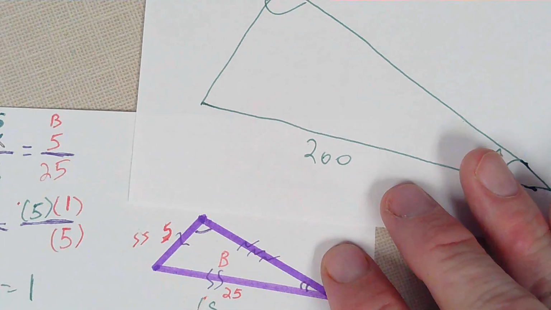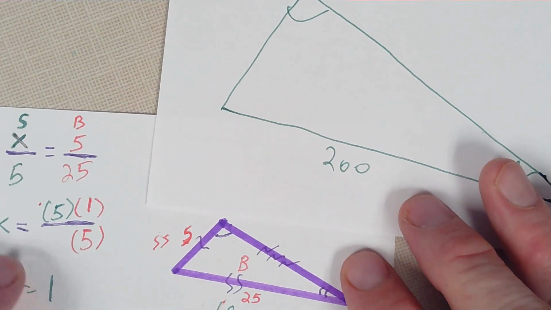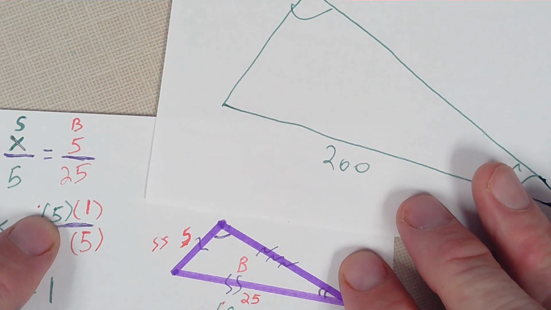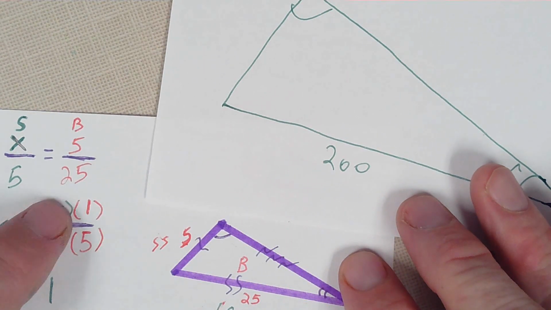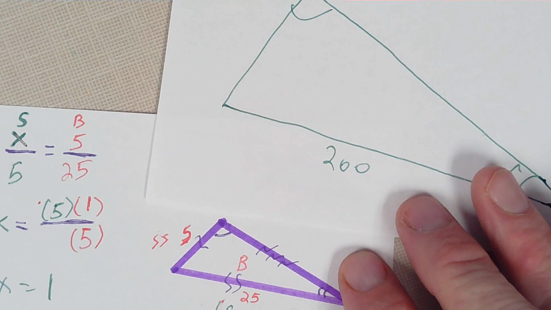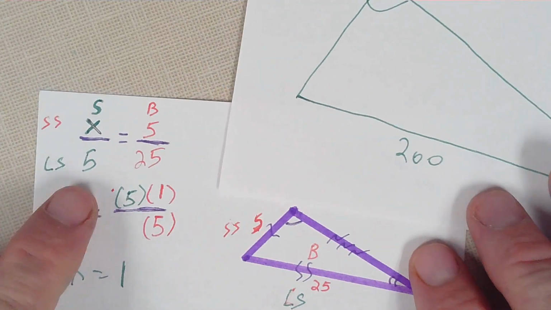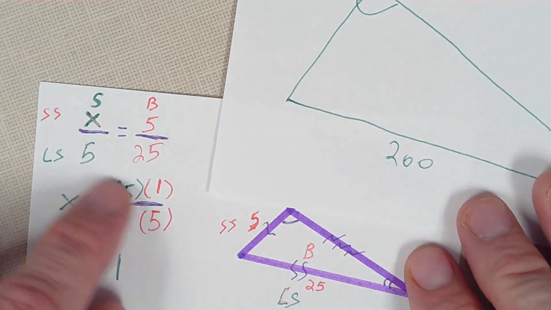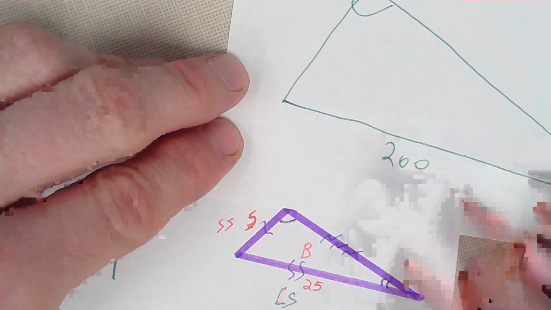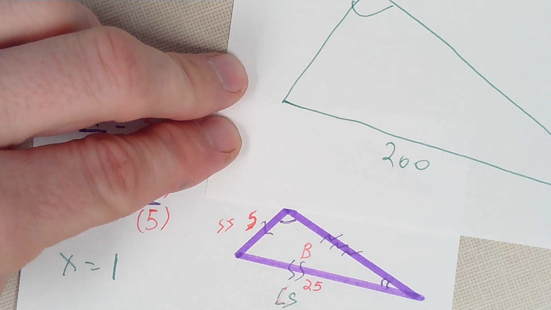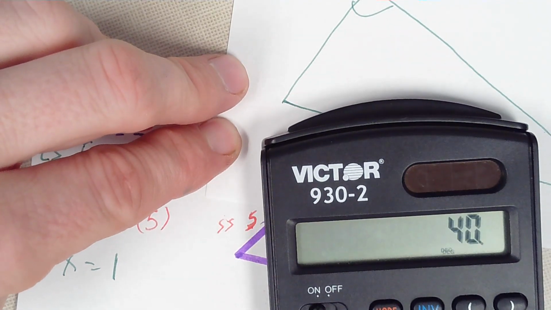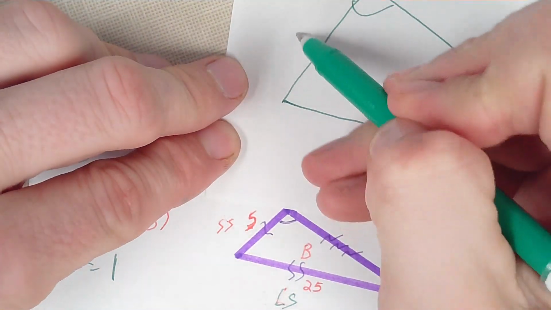Or could I just change that number to 200? I could just change that number to 200, because the ratio, the math would all just be the same. The setup could be the same. So I could just change that and it'd be 200 divided by 5, and that would be 40.